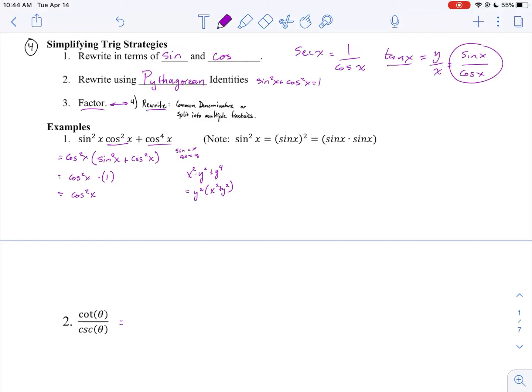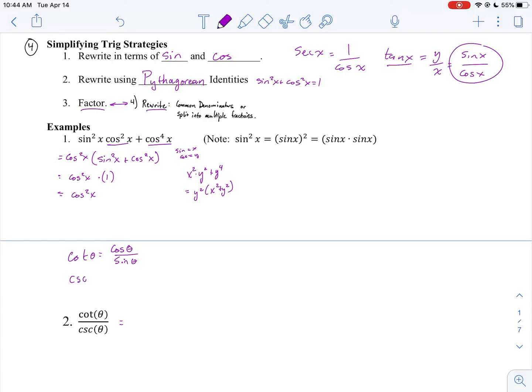Number 2, cotangent theta over cosecant theta. We need to figure out how to simplify this. I'm looking here. Pythagorean identities are out because I don't have any squared terms, at least not yet. Maybe if they pop up. Factoring again is probably out, and rewriting is out. That leaves us in terms of sine and cosine.